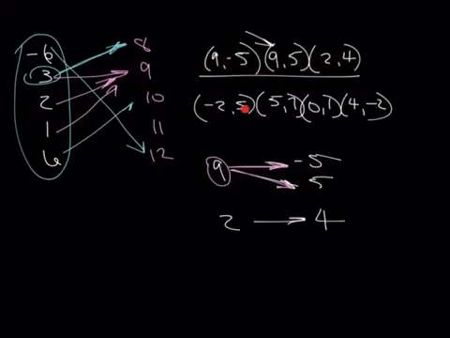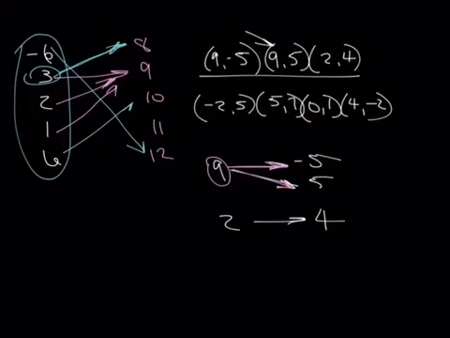Down here, a -2 goes to a 7, a 0 goes to a 1, a 4 goes to a -2. Each one of my x values is different, and because they're different, it doesn't matter what the y value is. We don't care what kind of an attachment or correspondence each one of the x's has.